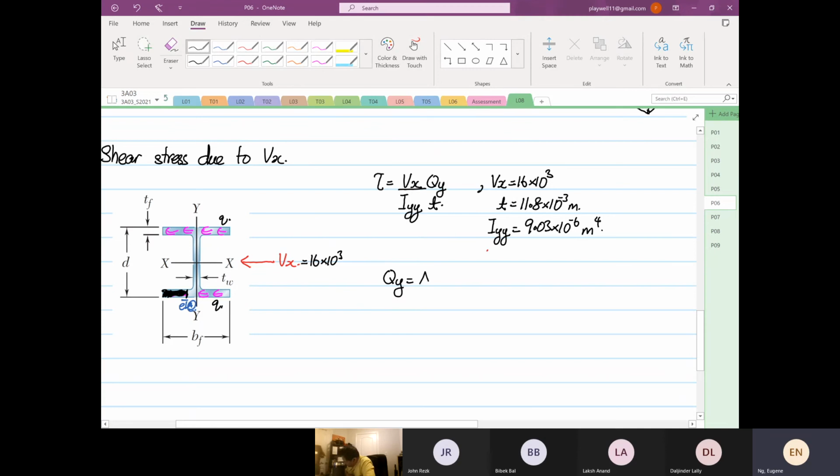Okay, so it's equal to A y bar. Which I usually do width times depth multiplied by y bar. Okay, so our width is equal to 11.8 times 10 to the power minus 3. Our depth, we know the distance from here to here is 75, right? So that is 75 times 10 to the power minus 3.